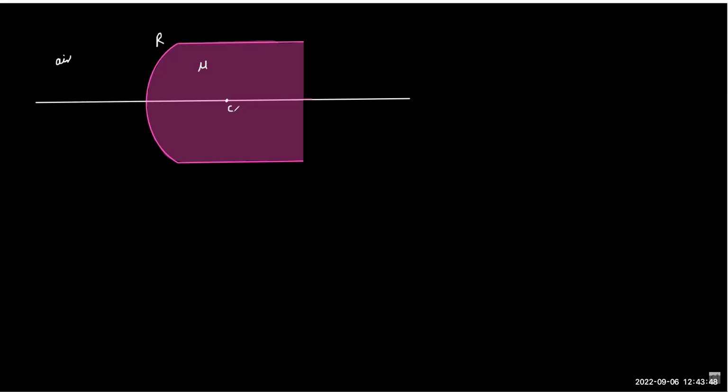So again, there are two types of object. One, you can say real, other is virtual. How to understand it's a virtual object? If the incident light itself is converging, right? There are two types of object, real and virtual.